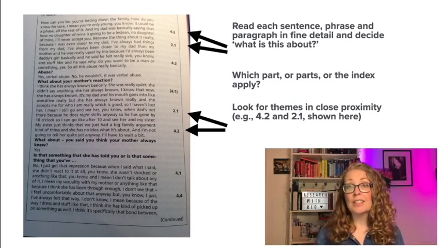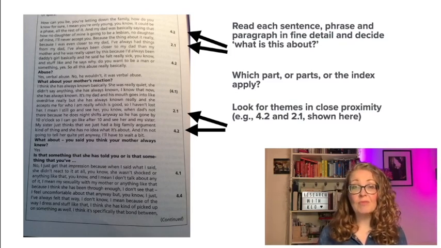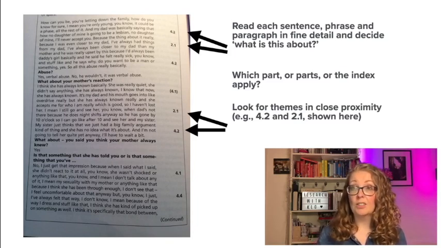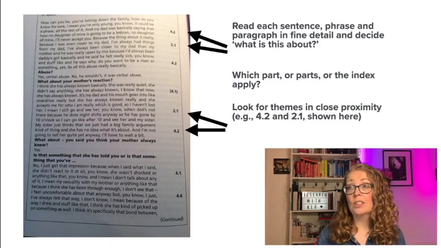Here we go back to the example. It's drawn from the same study and it's from the same book. The authors have used the numerical format of coding, and that can be a really quick way of seeing where they overlap. So in this example, the code 4.2 and the code 2.1, which is written in the margin next to the transcribed text, they sit alongside each other, and this happens on a couple of occasions.